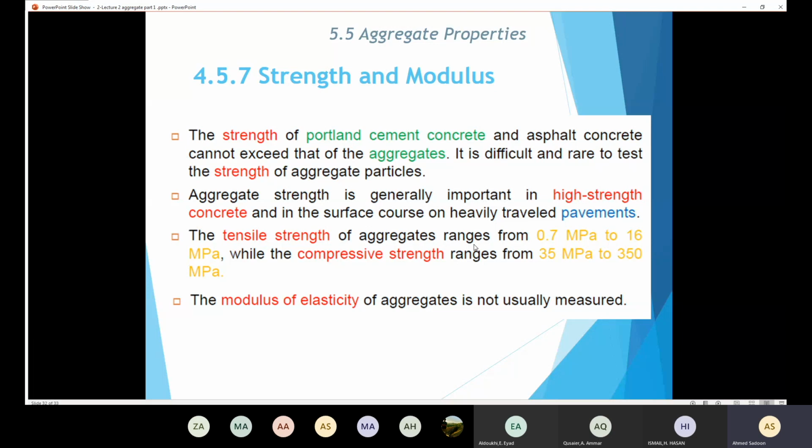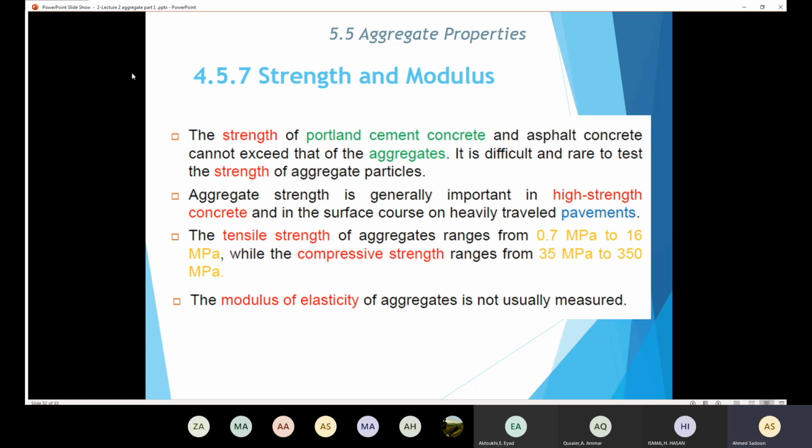And the tensile strength of the aggregate ranges from 0.7 megapascal to 16 megapascal, while the compressive strength ranges from 35 megapascal to 350 megapascal. And the modulus of elasticity of aggregate is not usually measured. So that is why this property is not important.